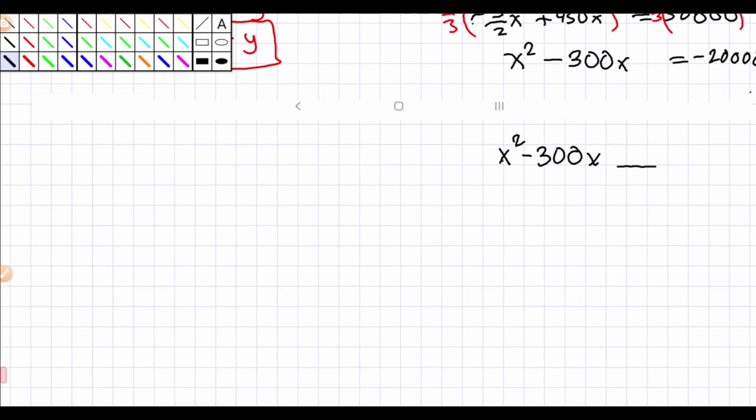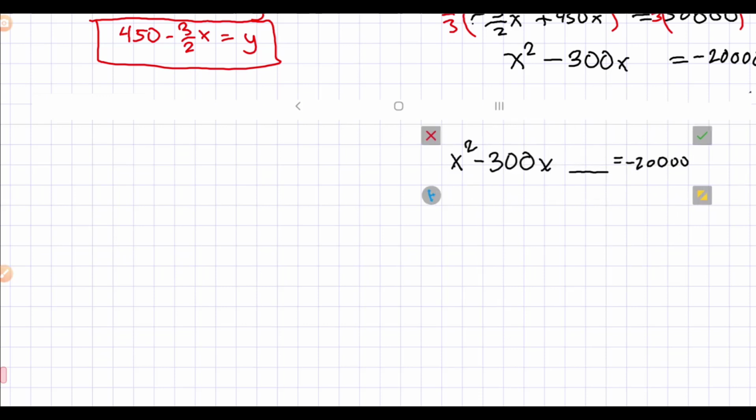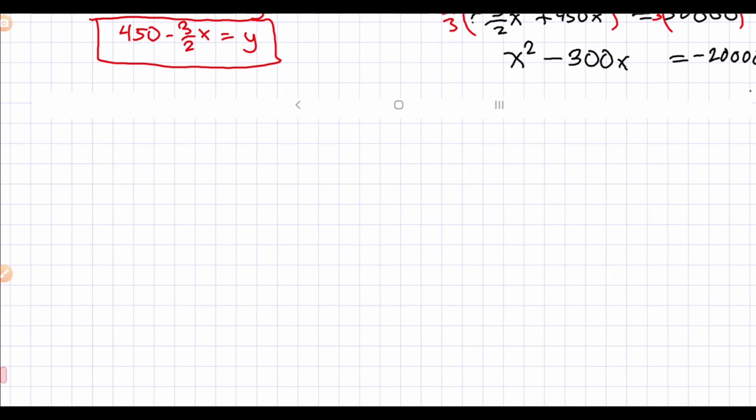Leave my space because I'm going to be completing the square right now. Subtract 20,000. Perfect. And let me just move that over because I don't know why I did it so close to the edge there. Okay, let's move it right there. And it's gone. Let's try this again.